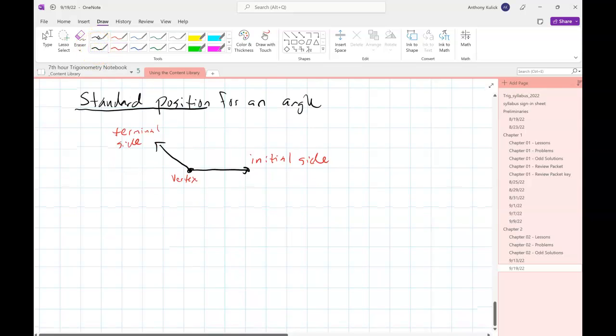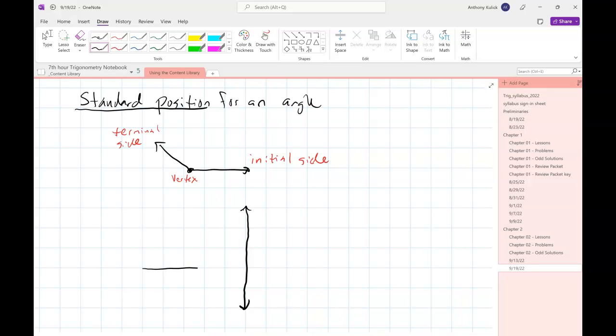What I'm going to do is take the XY axis and translate my angle so that the vertex is at the origin. The initial side lies on the positive x-axis, and the terminal side is wherever that lays as a result.